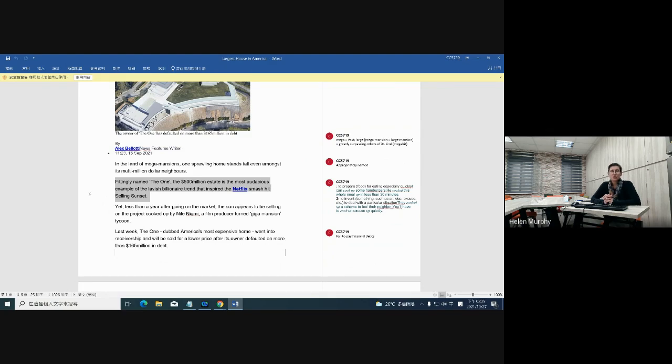So if something is fittingly named, it just means appropriately named. So the name, The One, is very appropriate for this estate because it is the only one home in America that is this expensive. So the name is very appropriate.